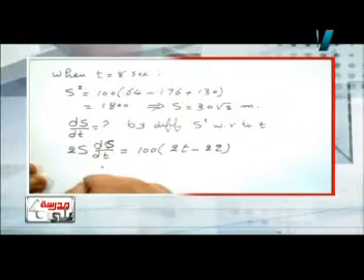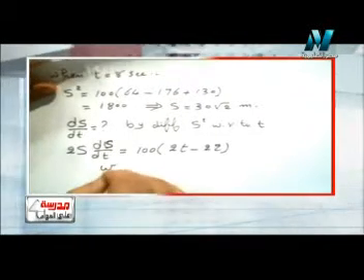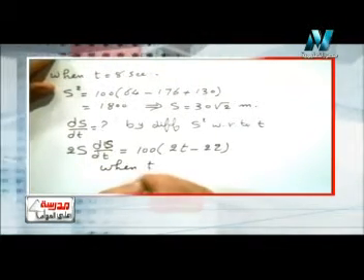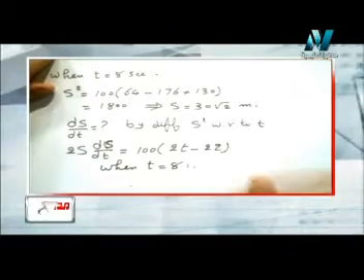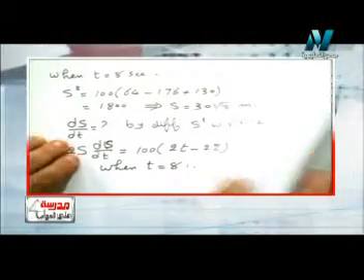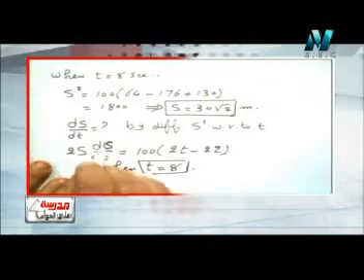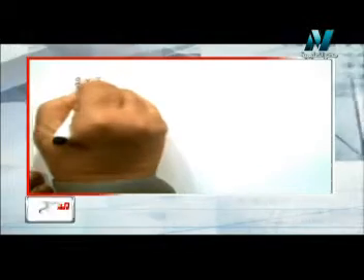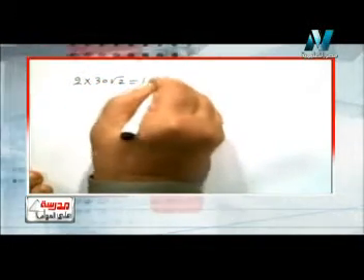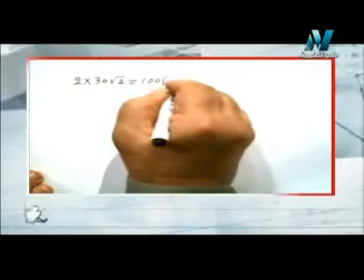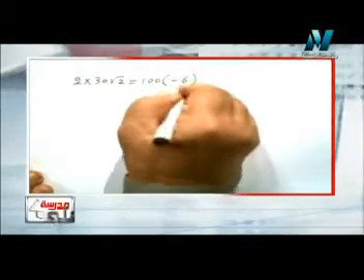When t equals 8, s equals 30 root 2, so we can find ds by dt. 2 multiplied by 30 root 2 ds by dt equals 100 times (2 times 8, 16, minus 22), which is negative 6.